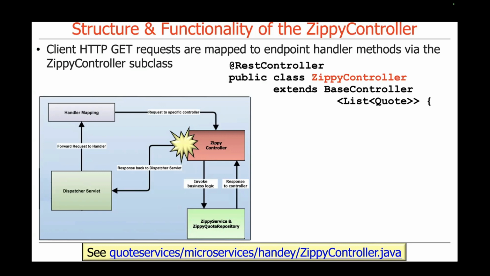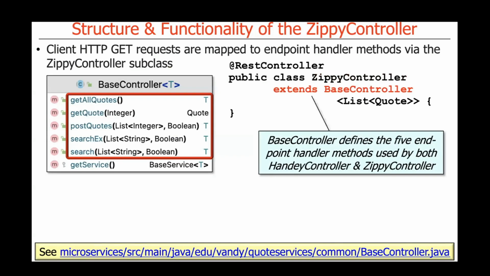As you can see here, the ZippyController extends BaseController, and therefore it has 5 endpoint handler methods like get all quotes, get quote, post quote, search, and so on, that are defined in the BaseController. So we don't have to rewrite those methods. We just inherit them by extending from BaseController. So we're not really overriding them, we're just leveraging them. And if you look at the BaseController, you'll see that they just turn around and forward to the corresponding service implementation methods.